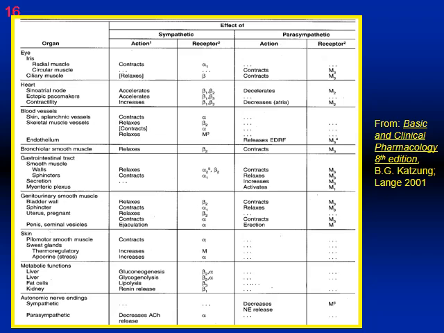Acetylcholine binds to them, and they release EDRF, which is also called endothelial derived, why? It's derived from the endothelial cell, blank factor. What is the blank? Relaxing. So what happens to the blood vessels? They dilate. So what does acetylcholine do to blood vessels? Dilates them, but not directly. Indirectly, through EDRF, which is also known as nitric oxide.